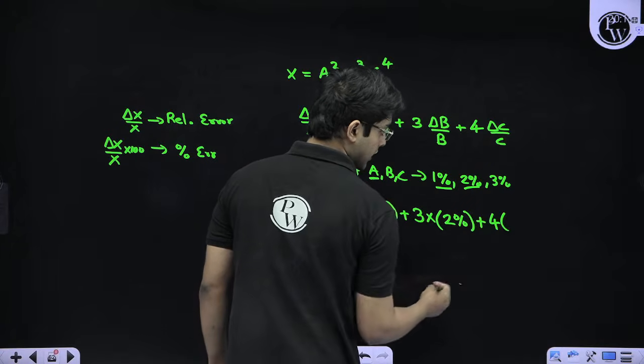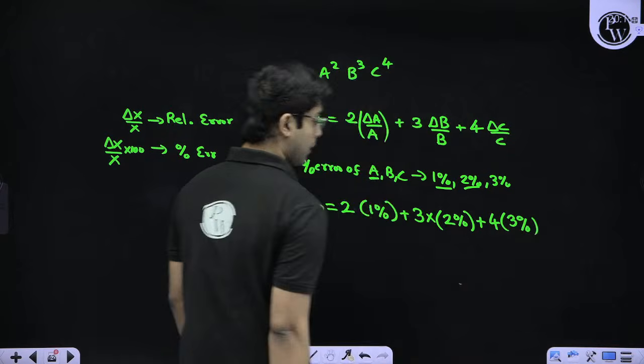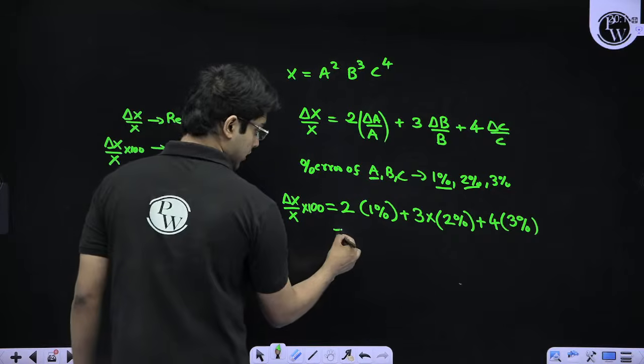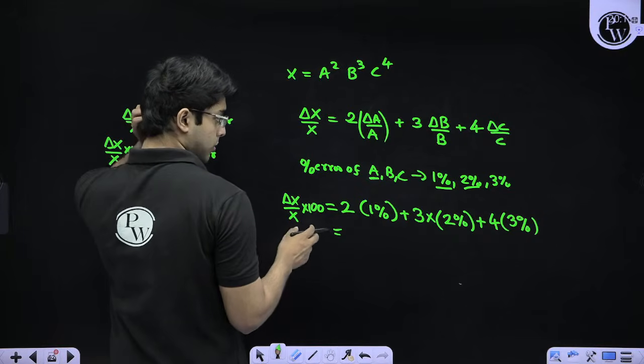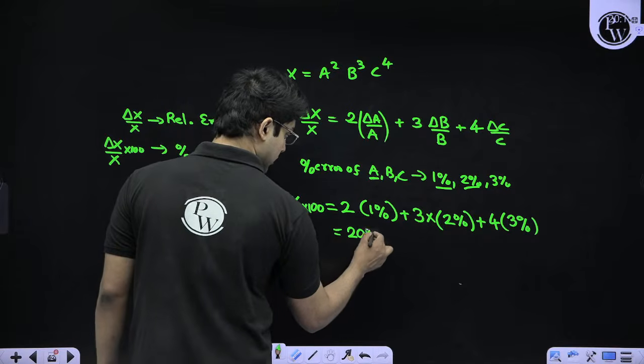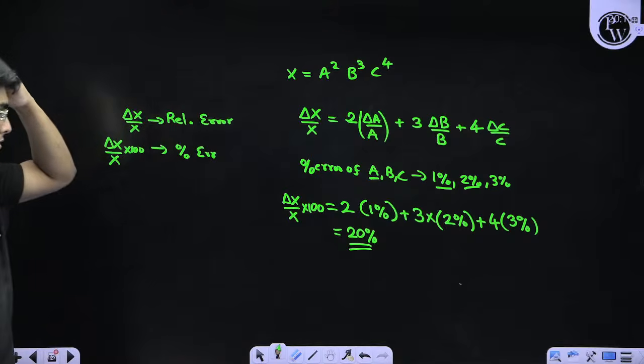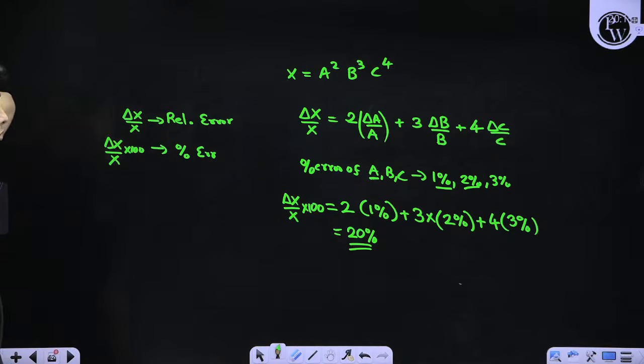And percentage error in c is actually 3%. Okay, so overall the percentage error in x is 2 plus 6, 8, 8 plus 12, 20. Overall the error is 20% for x. Okay, so I hope this is clear.